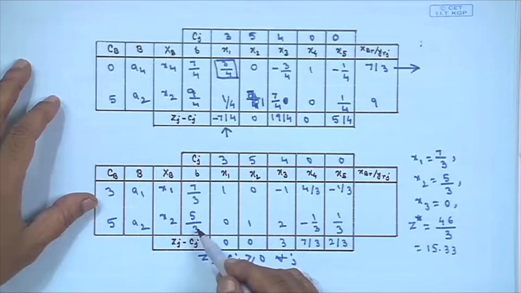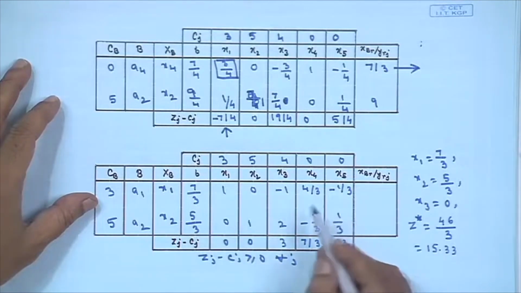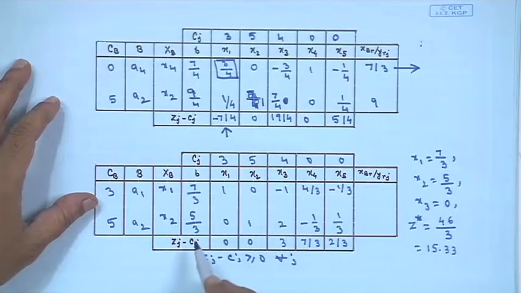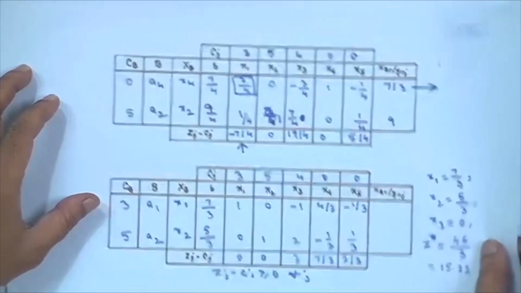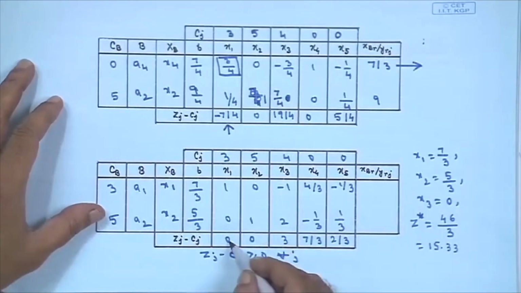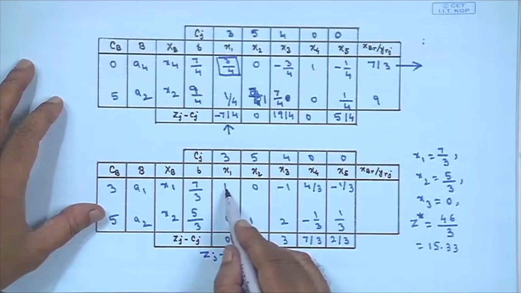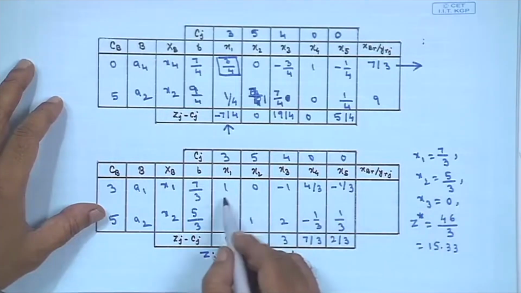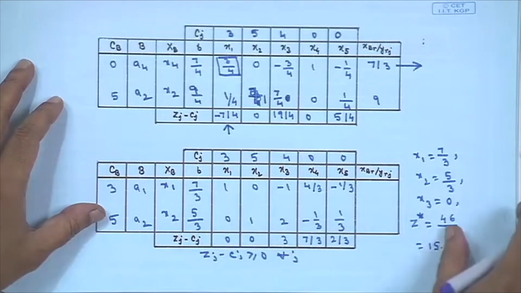In this particular table you try to find out the maximum of what you will obtain. This will be 0 by what, where it is most positive. Most positive is coming here. Your zj minus cj for the variable is 0 and here it is 1. The positive value here is coming as 1.